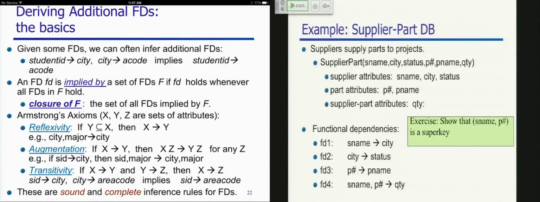So I need to prove that if I know S name and P number, that functionally determines all of the attributes in that table. So this is the rule that you're trying to get to. You're trying to prove that S name and P number functionally determines S name, city, status, P number, P name, and quantity. If you can do that, then that proves that this is a superkey.